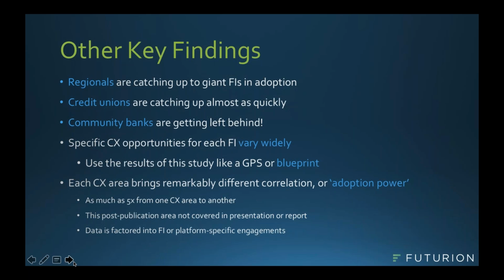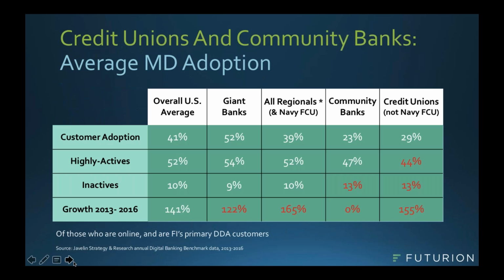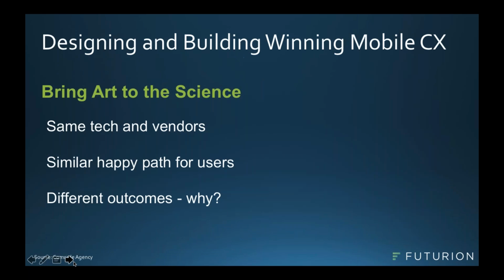And lastly, each of these 12 areas of CX are remarkably different, some as much as 5 times different than the other in adoption power. So they're not at all equal. There's some of the data that backs up what I just mentioned for those looking for more specifics.